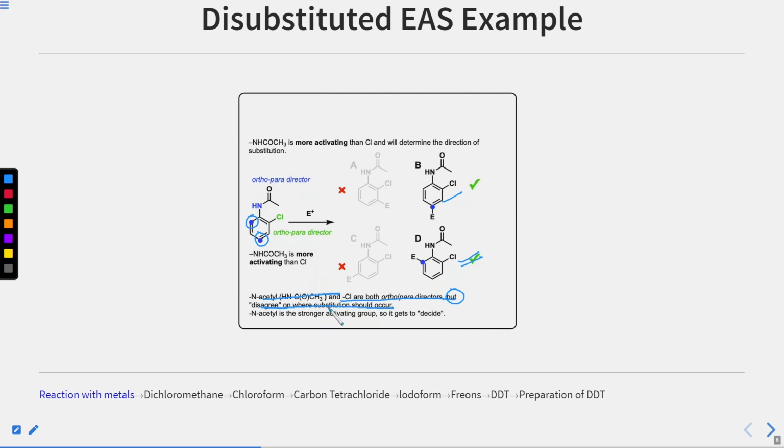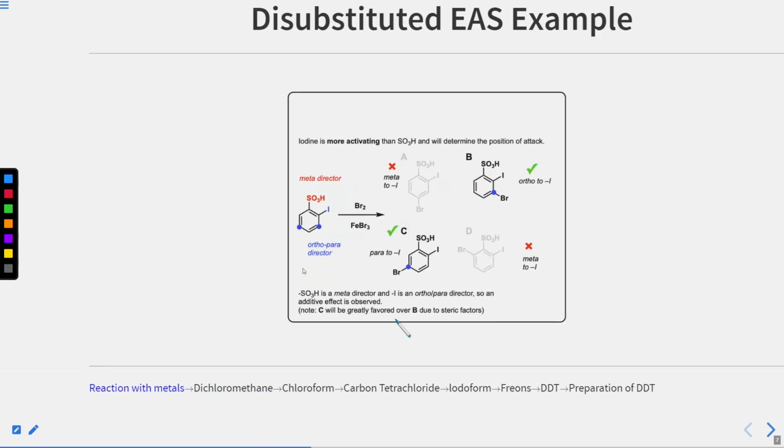Means they both are ortho-para directing, but their directing positions are different. Now we know that N-acetyl is a stronger activating group, so it gets to decide. As I mentioned earlier, since Cl is kind of deactivating, it will not be the deciding one, but NH will be the deciding one, that is, where your substituent or electrophile will go.